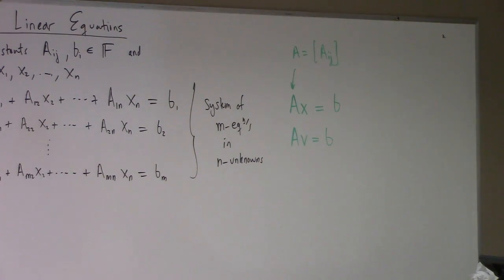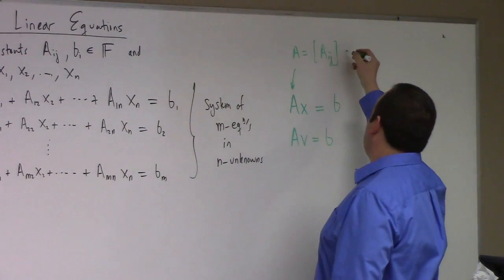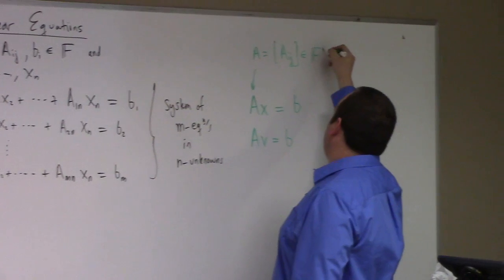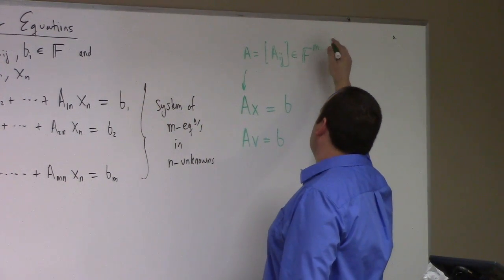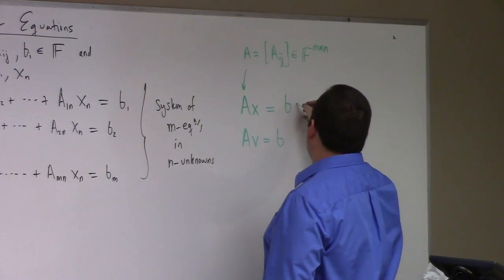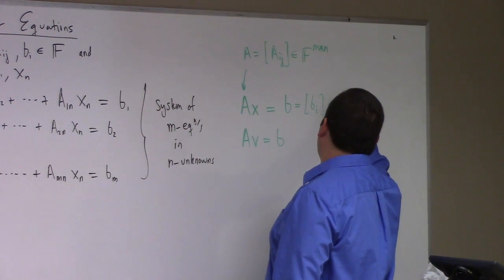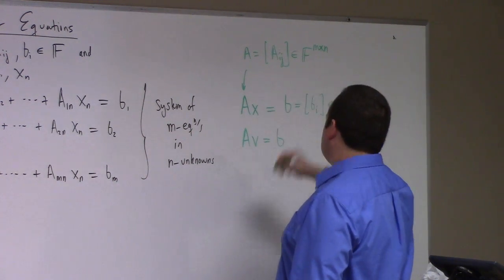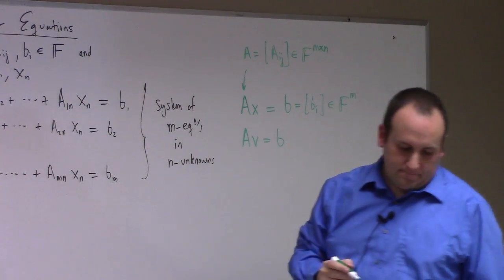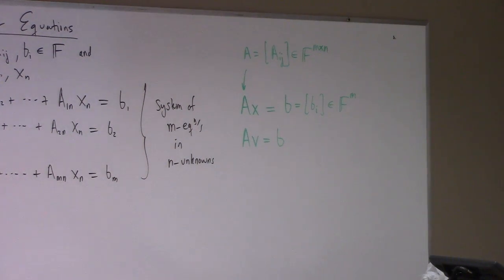The b is the so-called inhomogeneous term. This b would be equal to b sub i. That would be an element of F^m, an m-vector. And v is x1, x2, ..., xn.